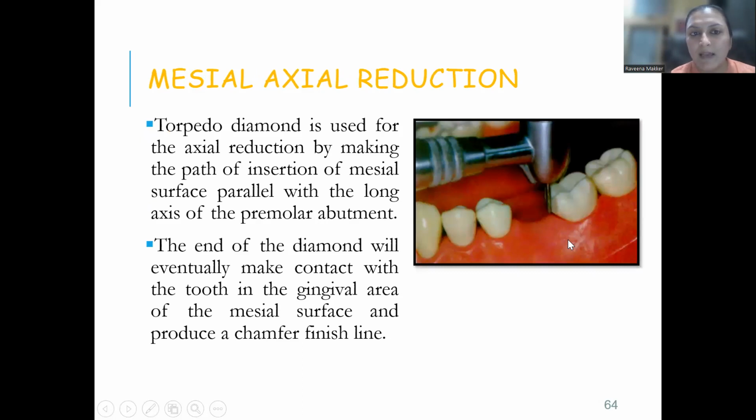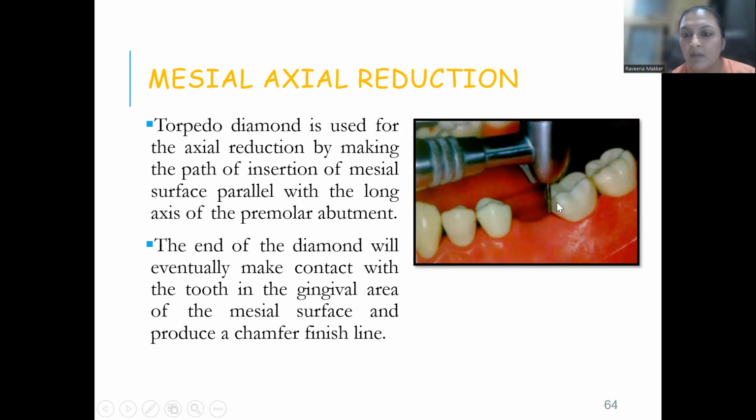Then the mesial axial reduction. Torpedo diamond is used for the axial reduction by making the path of insertion of the mesial surface parallel with the long axis of the premolar abutment. Now this is the premolar abutment and this is the long axis.